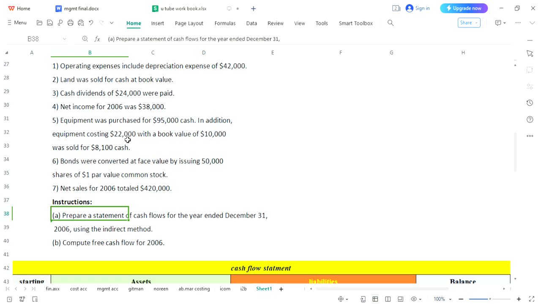It's not all, please note it down. Book value was 10,000 and you have sold for 8,100. Whether it is favorable or unfavorable for you. An asset of value 10,000 was sold for 8,100. It means you are facing a loss of 1,900. 10,000 minus 8,100 is loss.